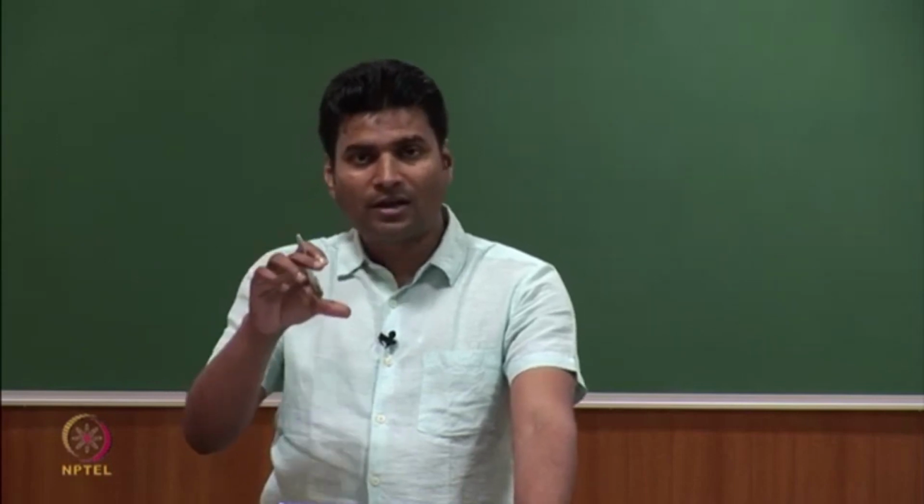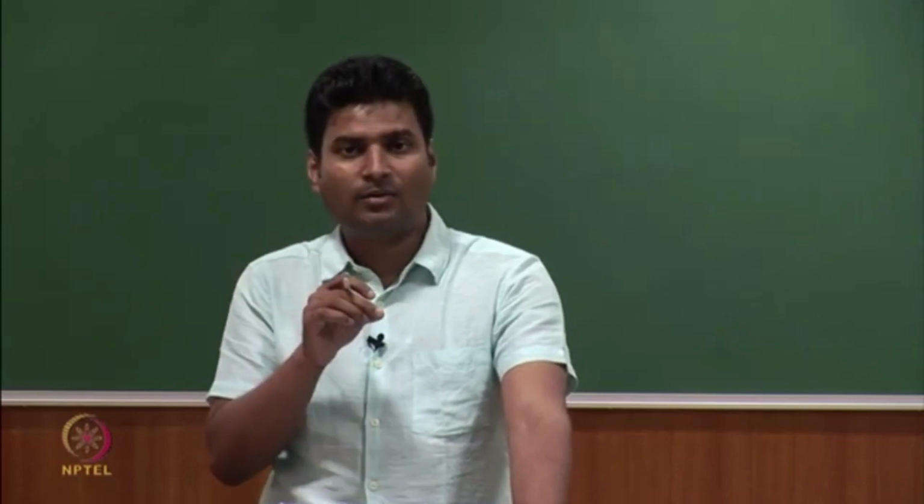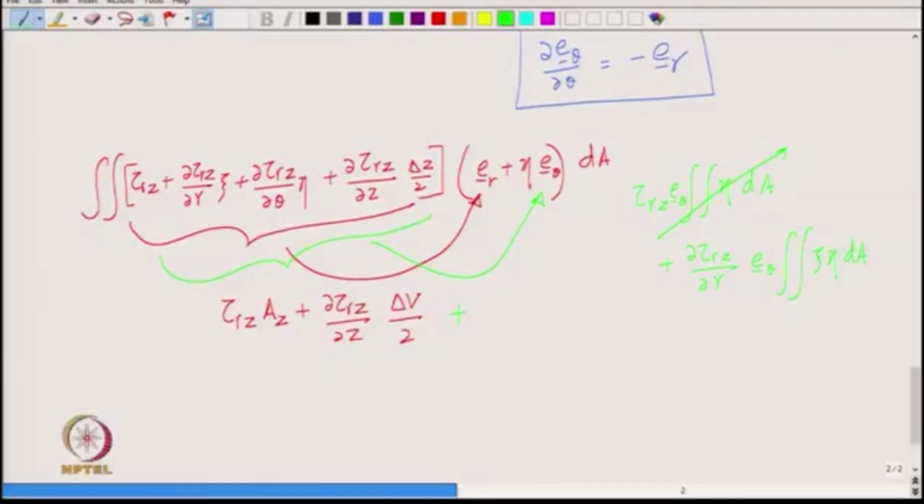Zeta varies from minus delta r by 2 to delta r by 2. So, zeta is smaller than delta r by 2. Likewise, eta is also smaller than delta theta by 2. So, what you will get finally? It will be of the order of small o of the volume of the cylindrical element. Maybe let us work it out and see what this really is. Okay.